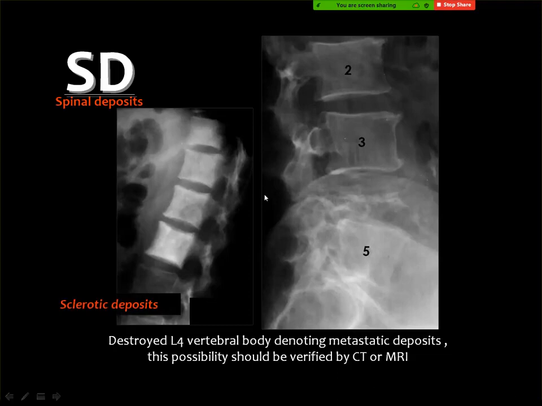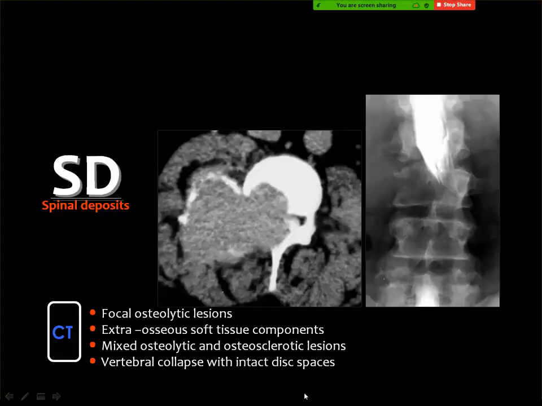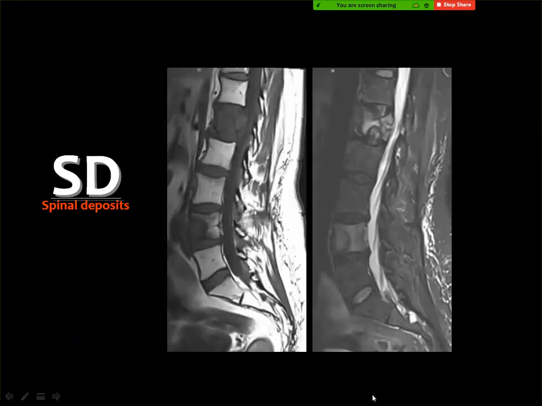Metastasis can be osteolytic and can be osteosclerotic. Metastases are usually associated with an extraosseous soft tissue component that can extend inside the spinal canal, compressing the cord, or outside the spinal canal, forming a paravertebral mass.